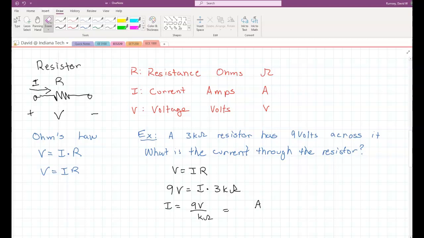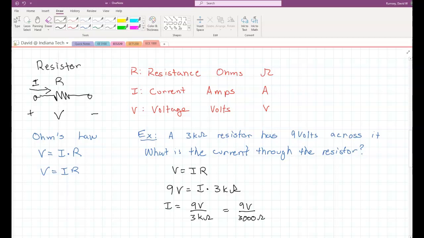The mistake I made was that I wasn't careful with my units. And what I mean by being careful with my units, I have 9 volts divided by 3 kiloohms. Now, you don't have to do this next step, but that's 9 volts really divided by 3,000 ohms.